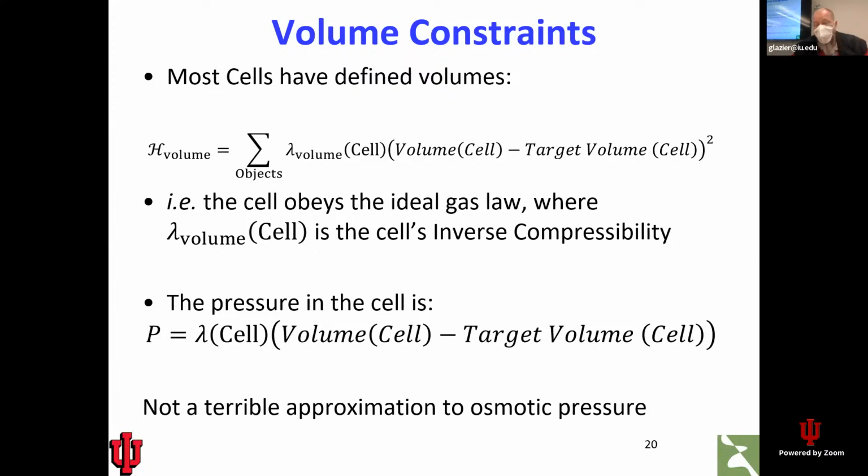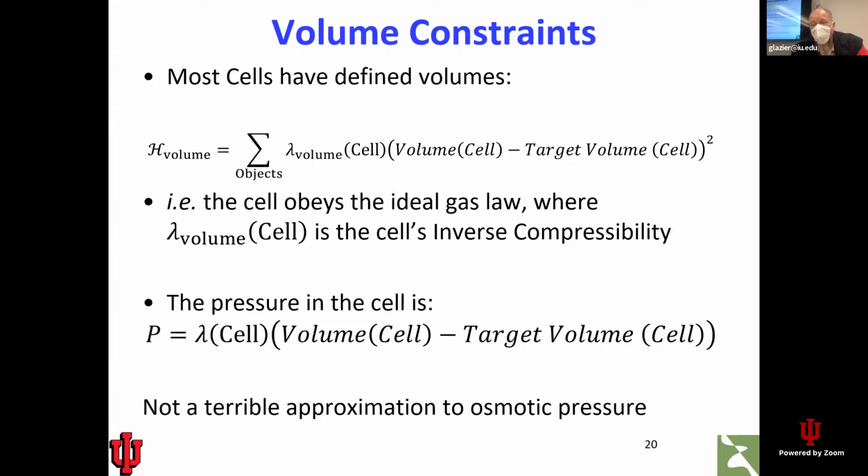This is exactly equivalent to the ideal gas law, if you're a physicist. And lambda volume is the inverse compressibility of the Young's modulus of the material. The pressure, there should be a 2 there, is 2 times lambda times the volume minus the target volume.